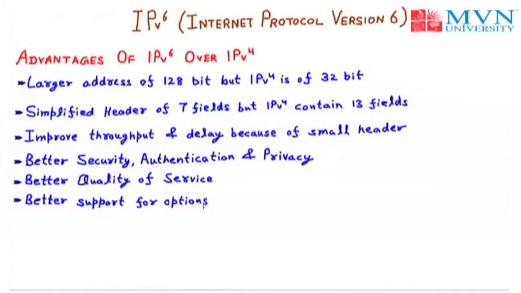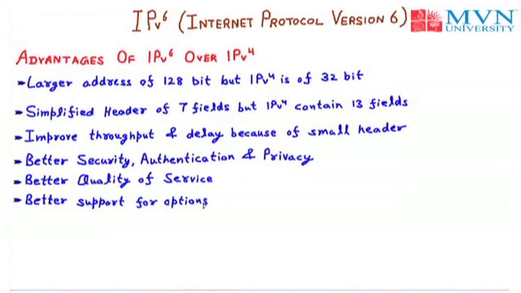So that means IPv6 has more features over IPv4. We have the various advantages of IPv6 over IPv4, like the larger address, that means we can send more data; simplified header, that means it is easy to handle; improved throughput and very little delay; and obviously better security, authentication, privacy, better quality of service, and better support for newer options. That means we can also update IPv6 with our current time. So that is all about the advantages.